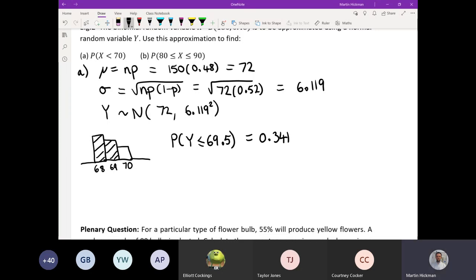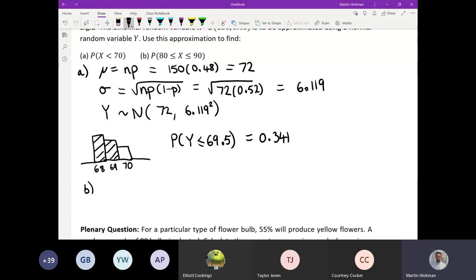Right, okay, so the second question asks us to work out the probability that x is between 80 and 90. Now, when I switch this to normal distribution, what I want you to do is in the chat, can you put in what is my lower bound and upper bound for the normal distribution? Okay, so for binomial, you'd have 80 and 90 is between.